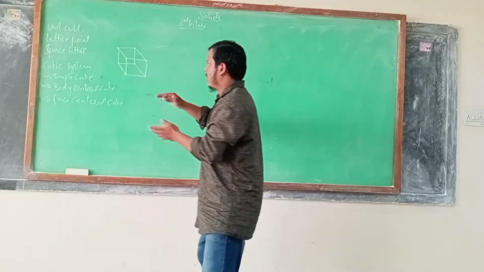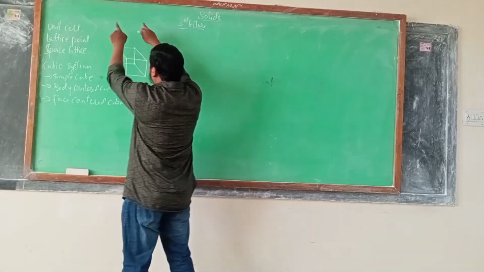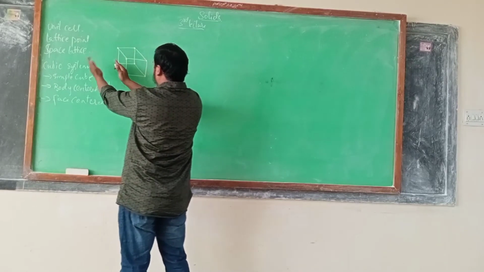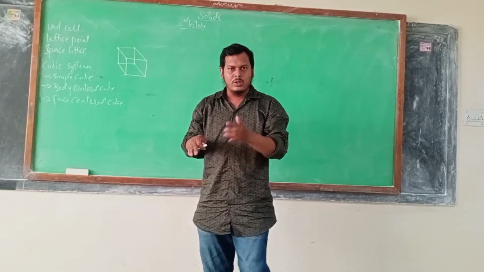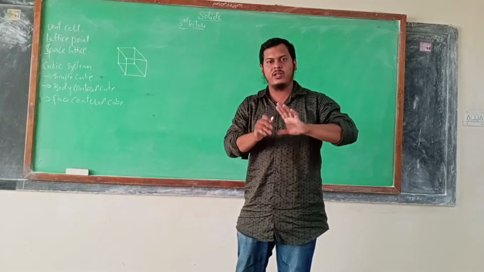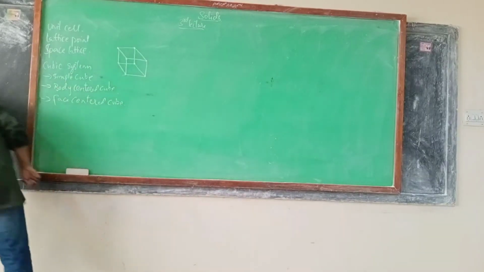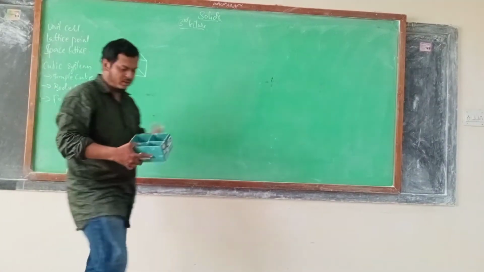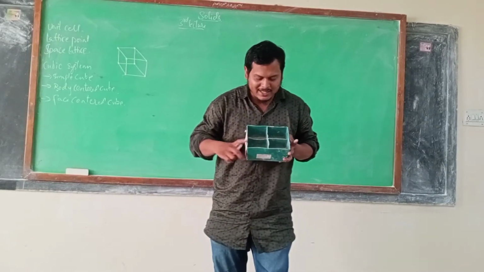But I taught you in the last class that one cube will be only above, one at this side, left side, right side, below, back side, front side. So each corner will be shared to 8 other unit cells. I give you the example of this box.